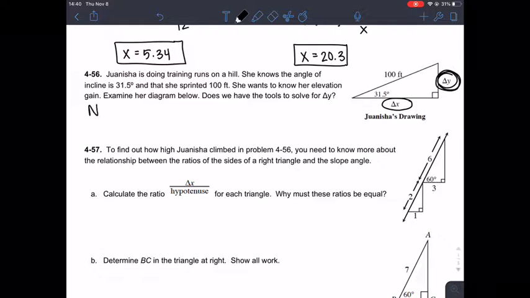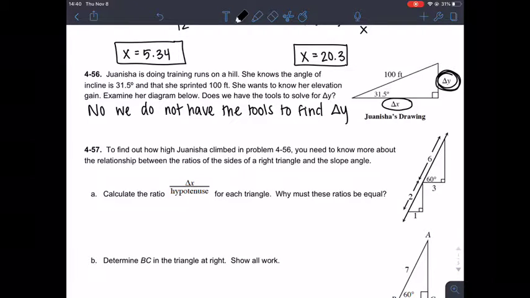So no, we do not have the tools to find the change in y, because we do not know the change in x.